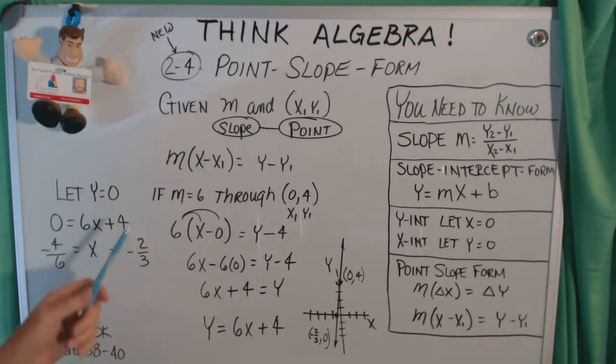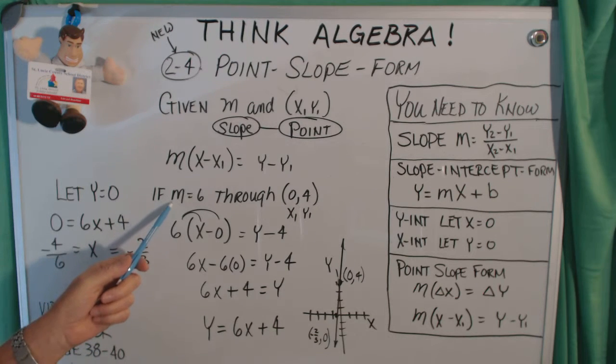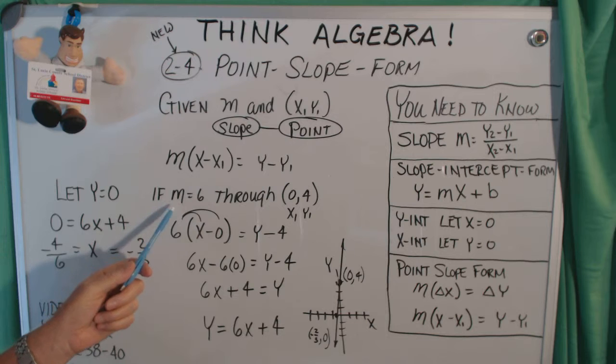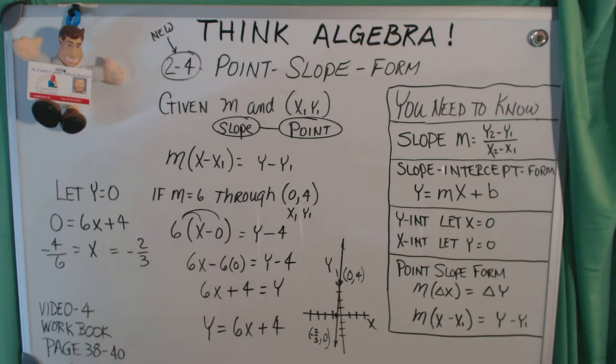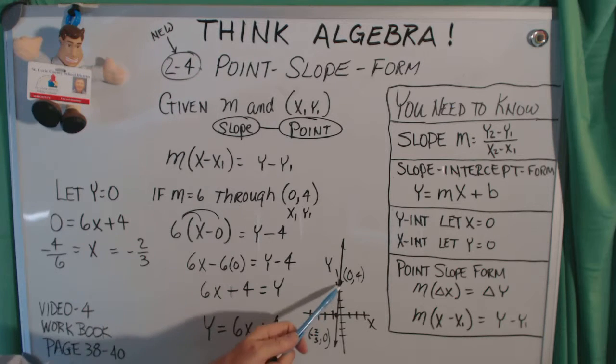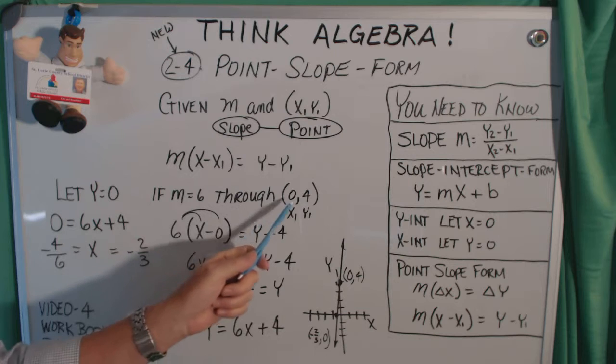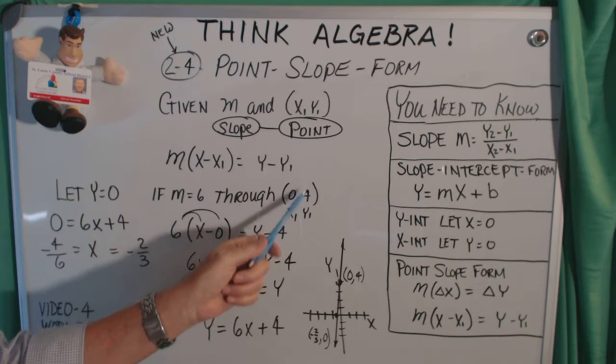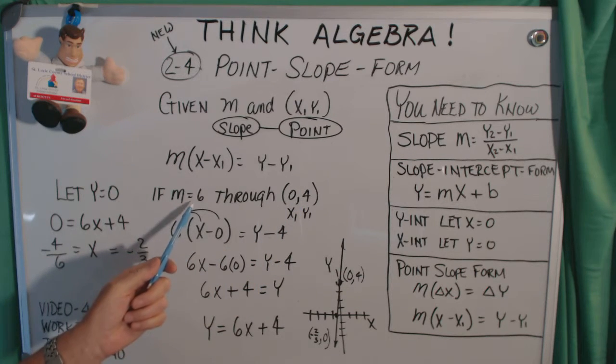Okay. So if I have a problem that says my slope is 6, that's pretty steep, and it goes through (0, 4), I could find (0, 4) on a little cartoon, right? So I put the point there, and it's not so easy to go over 4, go up 4, and then go over 6 or whatever.